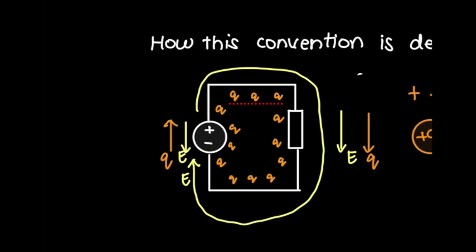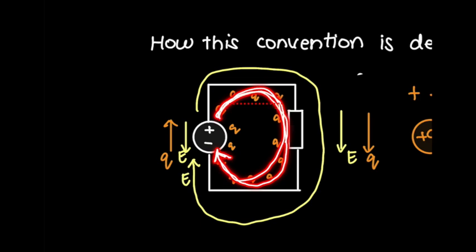External to the battery, I can see my charge flows in the direction of the electric field. Since I assume the current flow as the movement of positive charge, the charge flows in the direction of the electric field, which is from plus to minus.